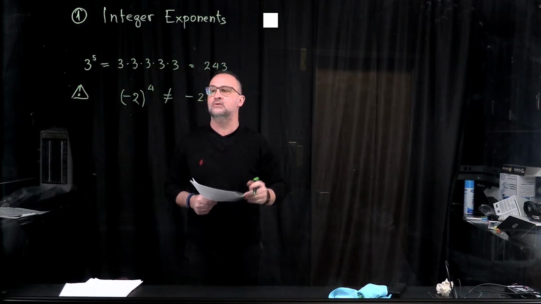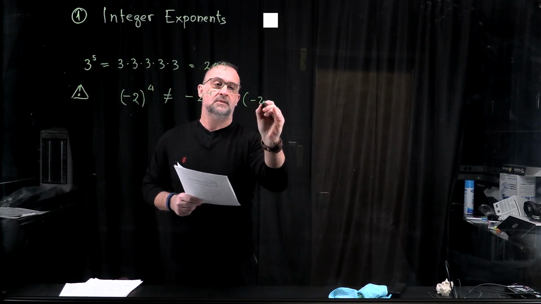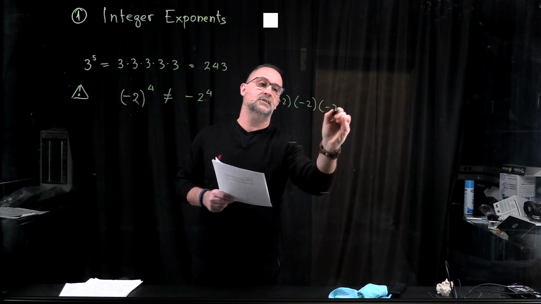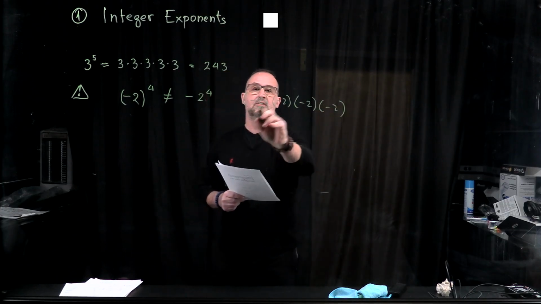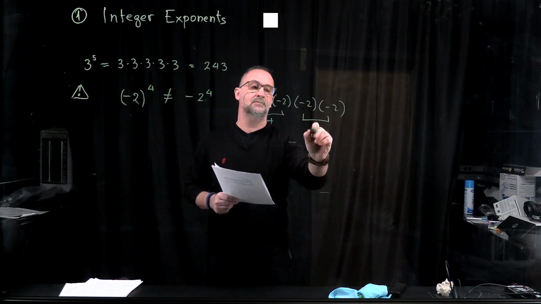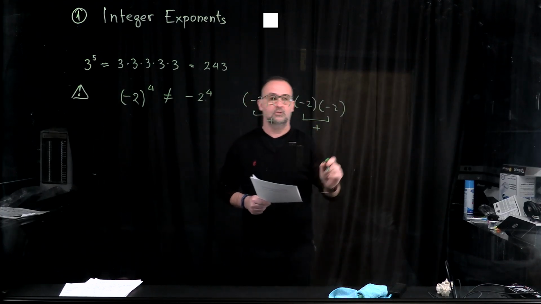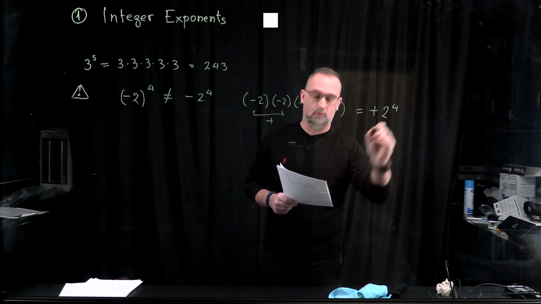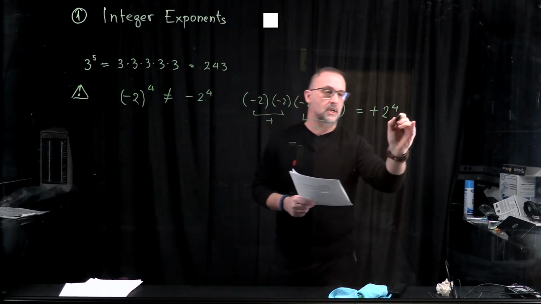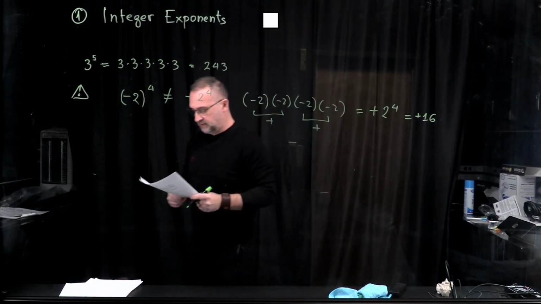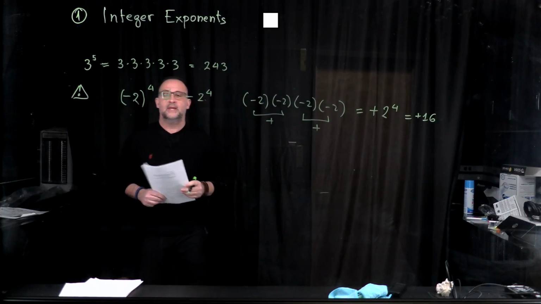The reason is, if we multiply -2 four times by itself, negative and negative becomes positive, negative and negative becomes positive, so your final result will be plus 2 to the 4, which is of course plus 16. A couple of points here that you should always pay attention to.